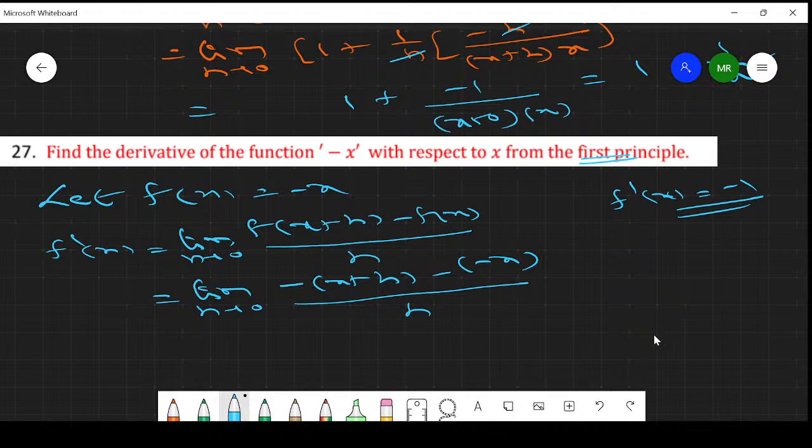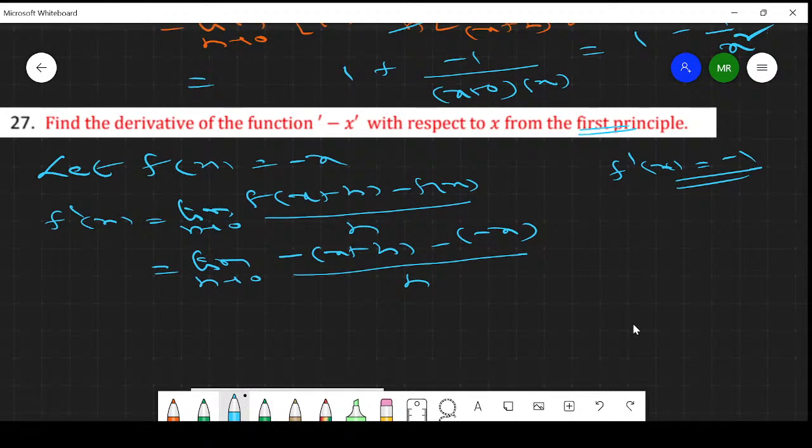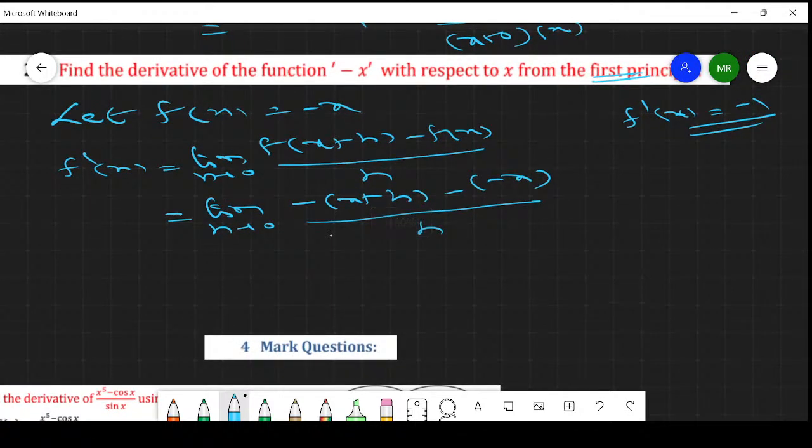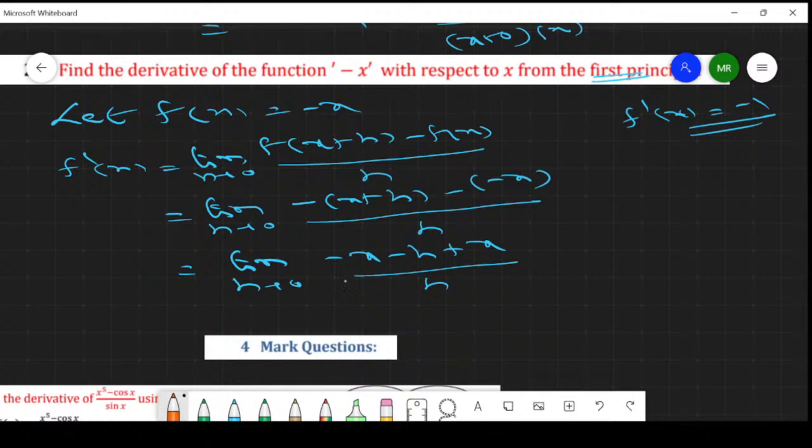If you substitute this, you simplify. It takes one more step only. Now I can write limit h tends to 0, numerator minus x minus h plus x, by h. Now the plus x and minus x cancel. Then this becomes limit h tends to 0 of minus h by h.